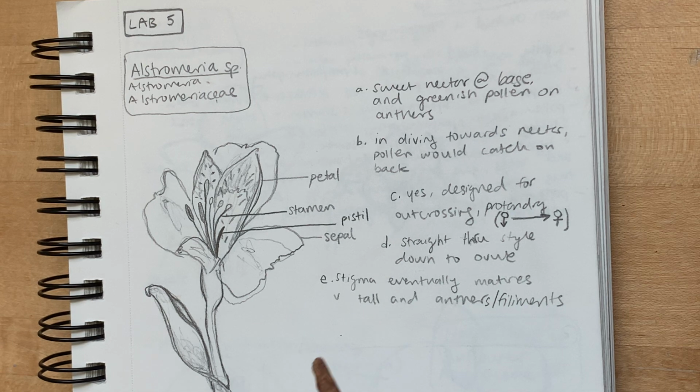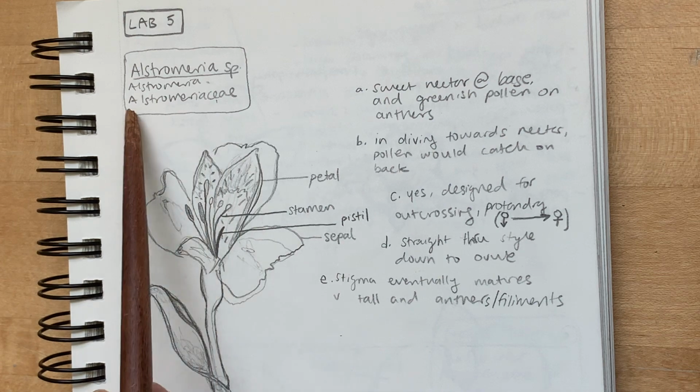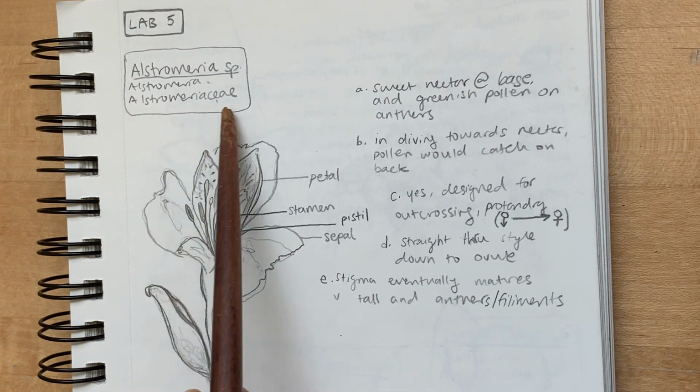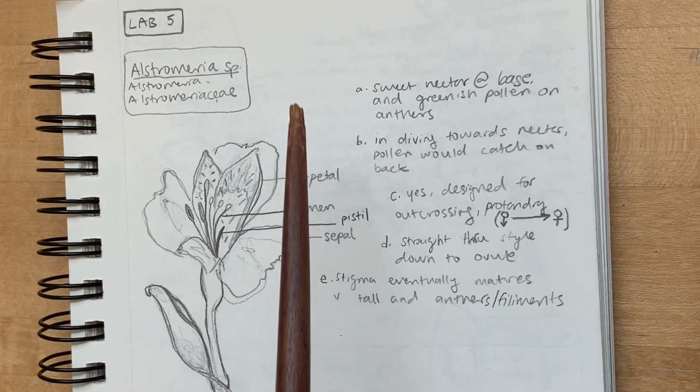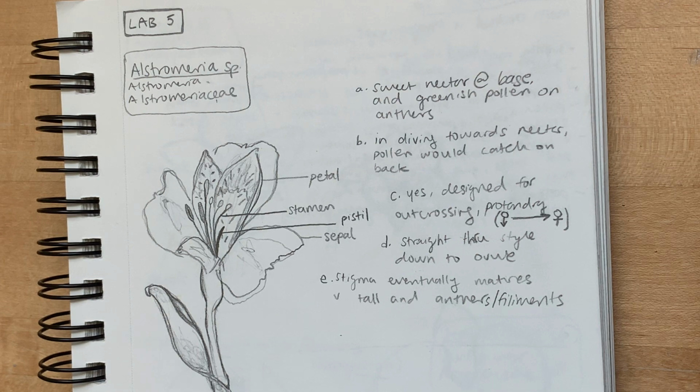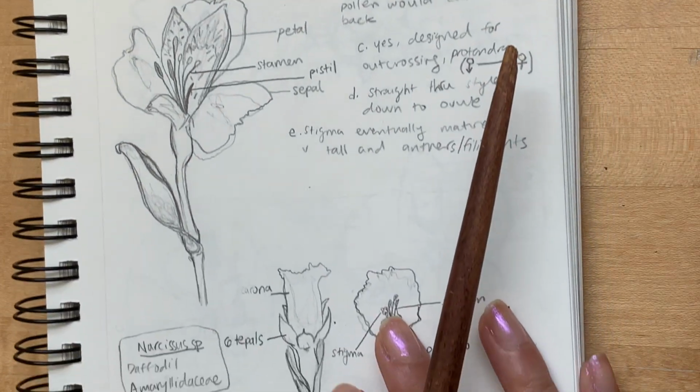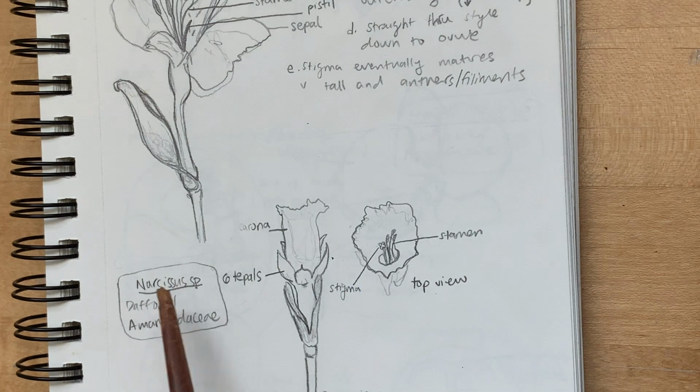And that means that I studied sort of a generic form without getting into super specifics of that genus. This is the family Alstroemeriaceae. And down here we also have a narcissus, whose common name is the daffodil.